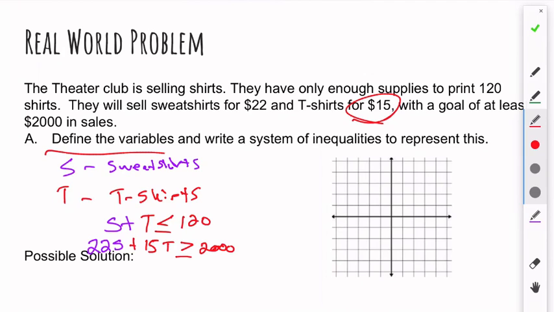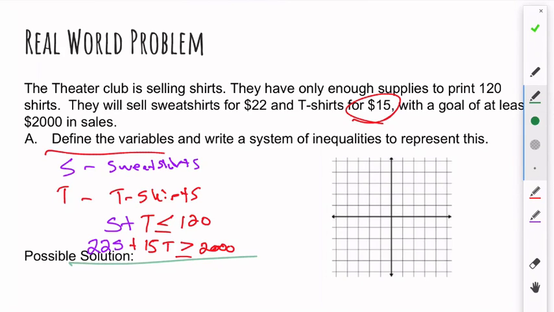I can graph them once I solve for one of the variables. Okay, in this case, let's solve for our y variable. Our y variable here is going to be, let's just make our y variable equal to t. Let's solve both of these for t.